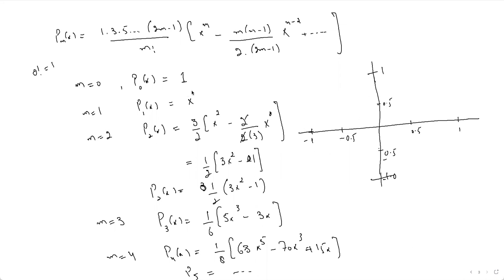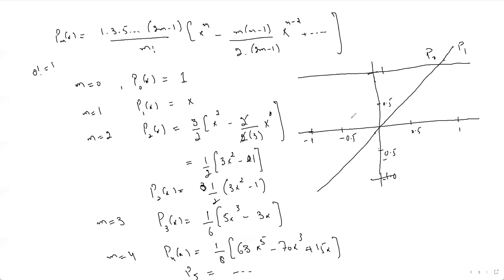Now, corresponding to your first polynomial P0 of x, P0 of x is 1, so whatever value we obtain, it is constant. This is P0, right? Similarly, P1 of x is x, so it will increase with x and correspondingly for minus x. So this is how you can plot P1 of x.